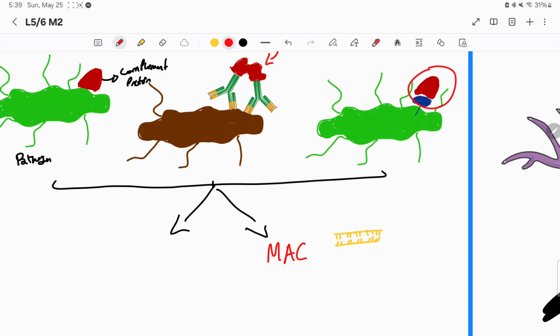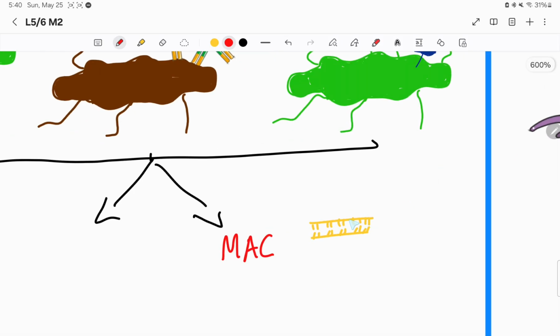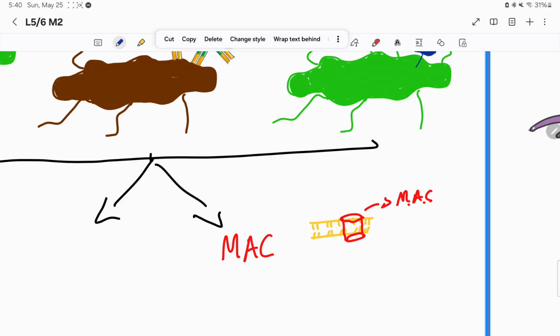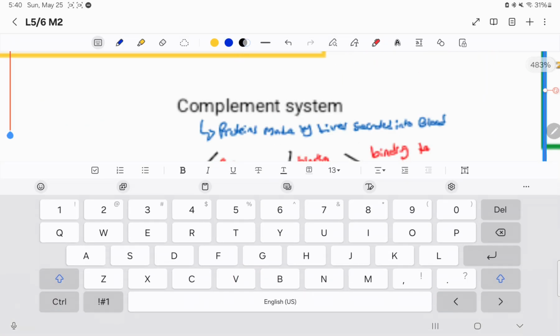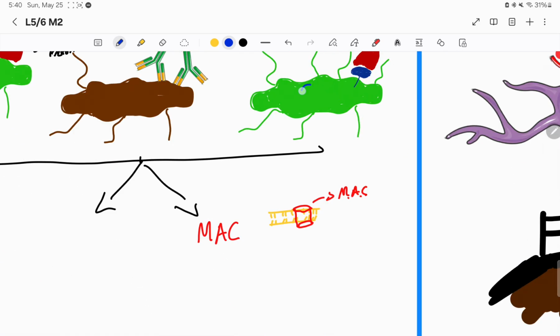When these complement proteins become activated, no matter in which way, they will start to assemble themselves and insert themselves into the membrane of a microorganism, and they'll form a kind of giant pore, okay? This giant pore that they form is called the MAC, or the membrane attack complex. This giant pore essentially permeabilizes this membrane to everything, meaning things can now go in and out of this microorganism completely freely.